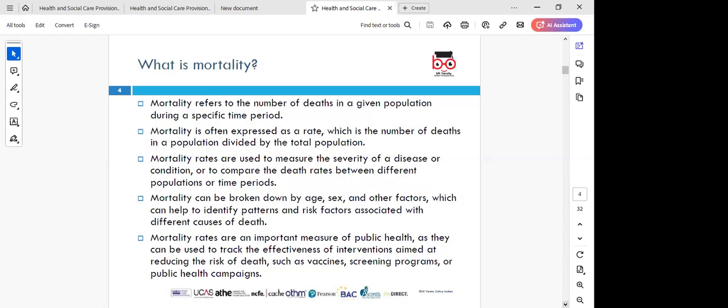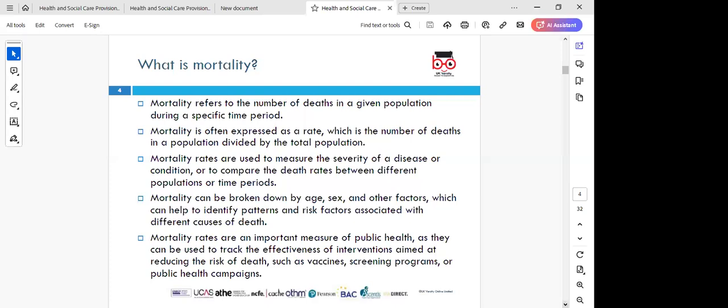And what then is mortality? Mortality refers to the number of deaths in a given population during a specific time period. Mortality is often expressed as a rate, which is the number of deaths in a population divided by the total population.